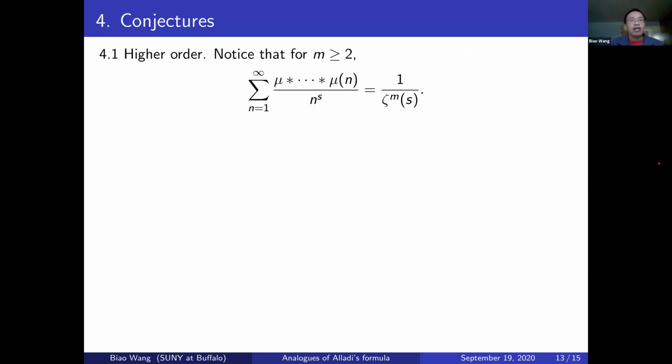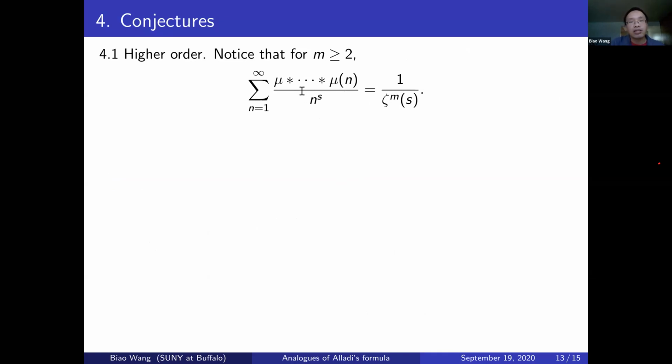So finally, I'd like to talk about some conjectures. In the previous examples, we only considered mu of n. So how about the m-fold convolutions of the Mobius function?